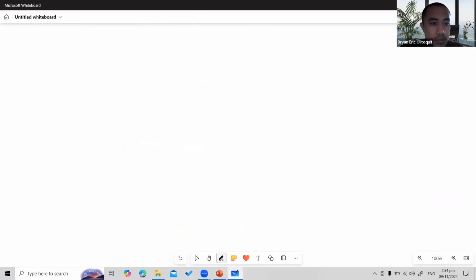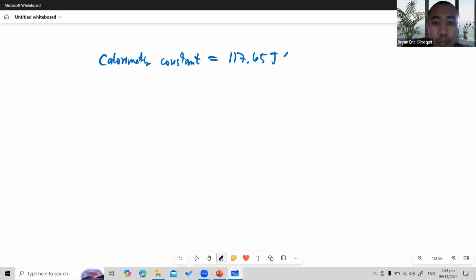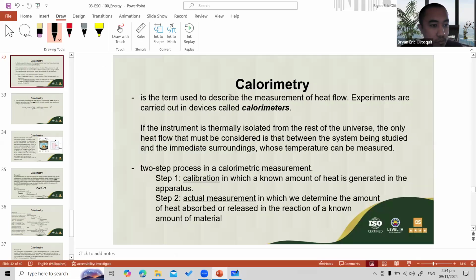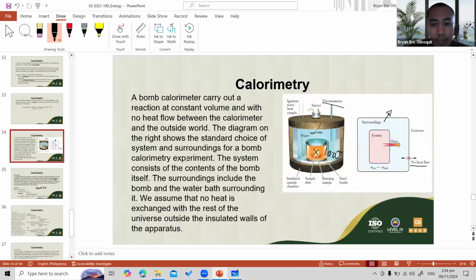Since yung calorimeter constant natin, based on our computation, is 117.65 joules per degree Celsius. So we go back to the calorimeter.